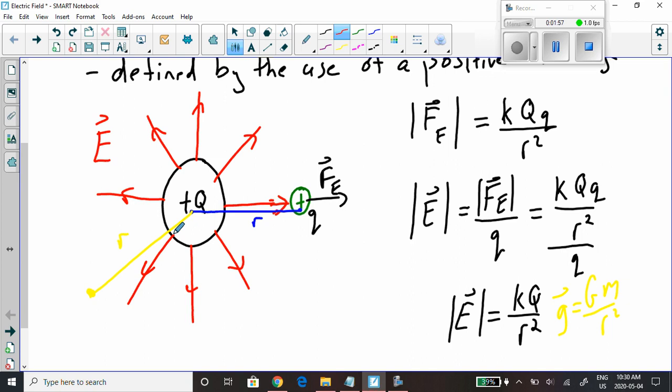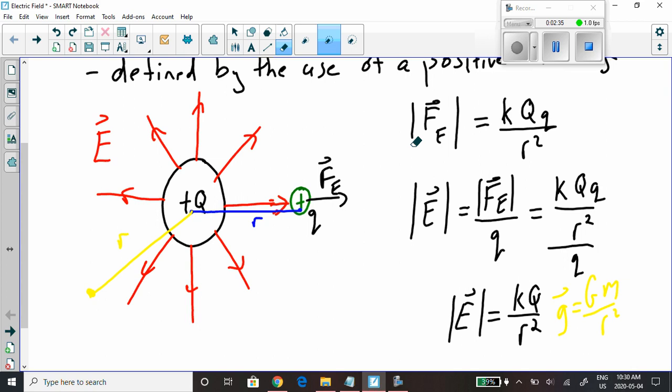In order to map out an electric field around a charged particle, scientists employ a small positive test charge, positive little q. If that small positive test charge were right here, it would feel an electric force in this direction, and you could calculate how much that electric force is.